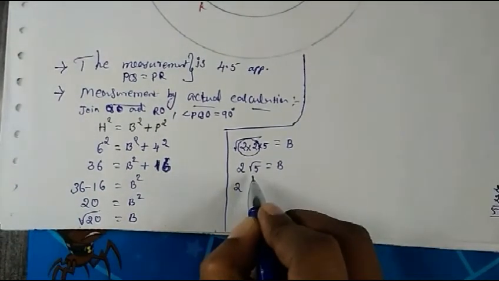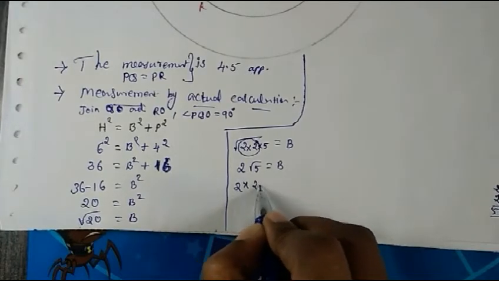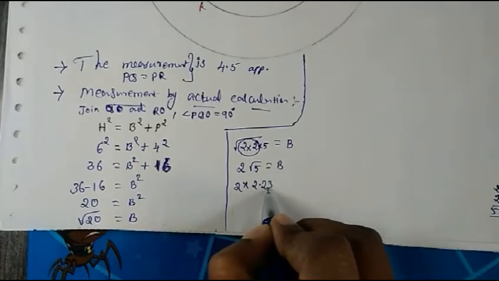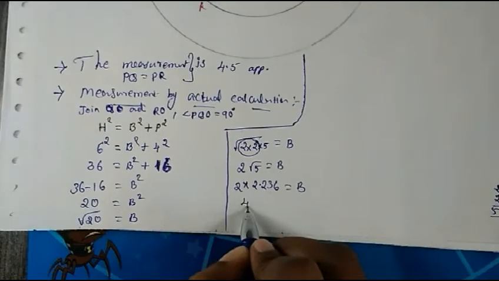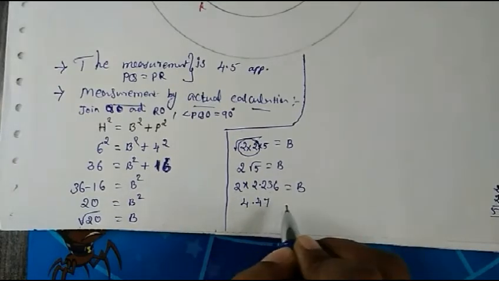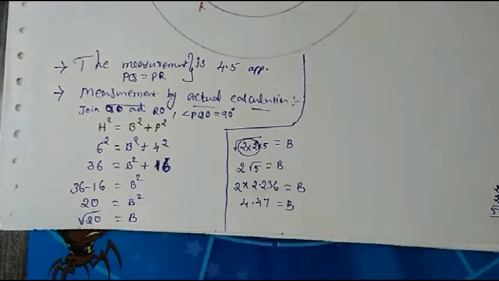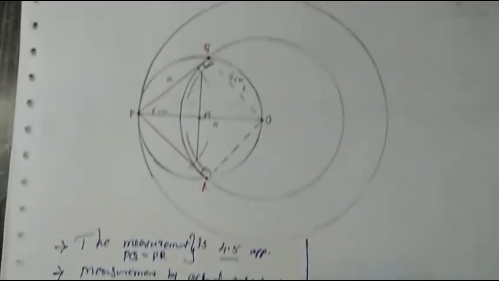Now the value of root 5 is already given, it is 2.236. So when you multiply, you will get 4.47. So now you see, by actual calculation, we got 4.5 by just measuring the length.